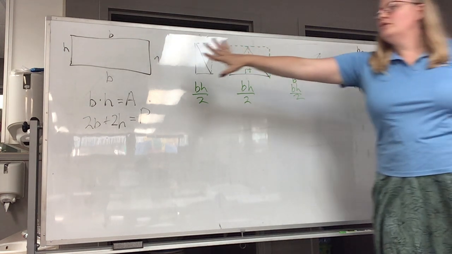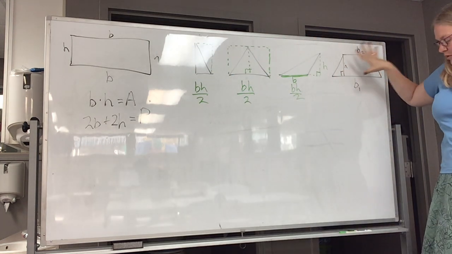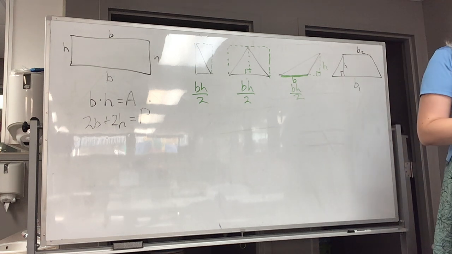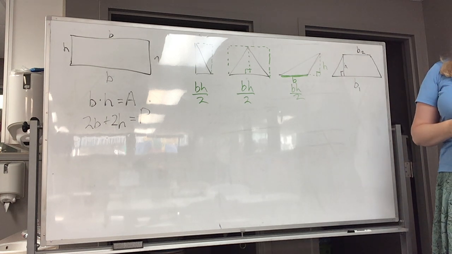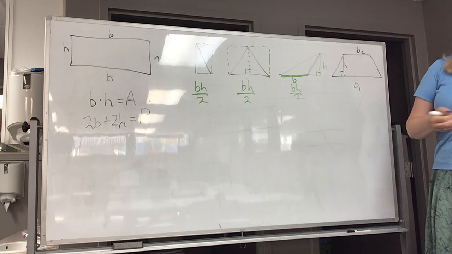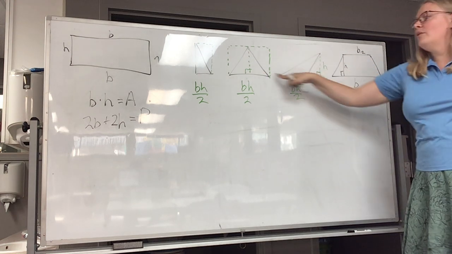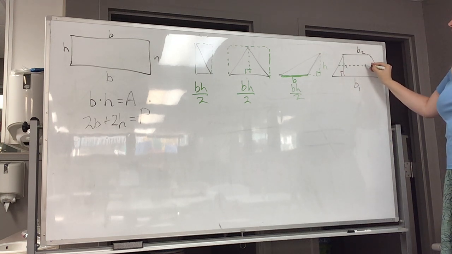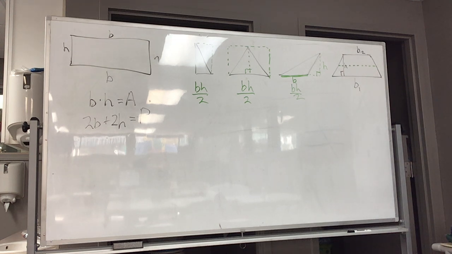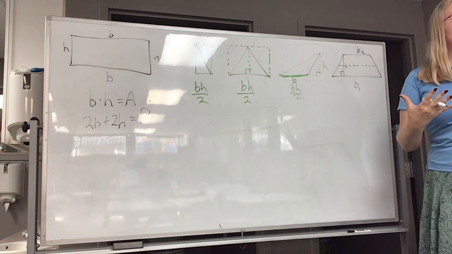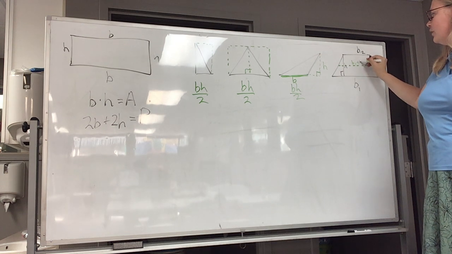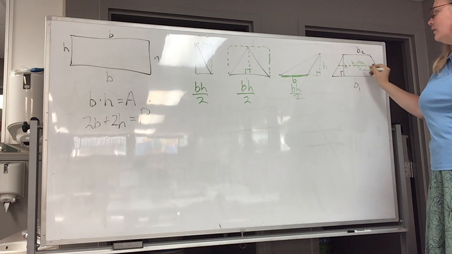Again, I like to know where the formula is coming from, so I'm going to show you the logical way first, and then I'm going to show you the way of, I hate trapezoids, I don't want to deal with them. So, the logical formulaic way is to acknowledge that there's a middle in here. This middle is the average of the 2 bases, which is literally just add base 1 plus base 2 and then divide by 2.